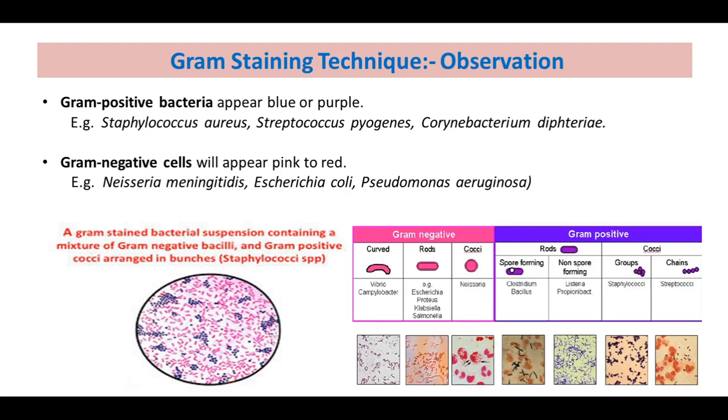Gram positive and negative bacteria can be cocci or bacilli. For example, Staphylococcus aureus is a gram-positive coccus, and Corynebacterium diphtheriae is a gram-positive bacillus. Whereas Neisseria meningitidis is a gram-negative coccus, and E. coli is a gram-negative bacillus.